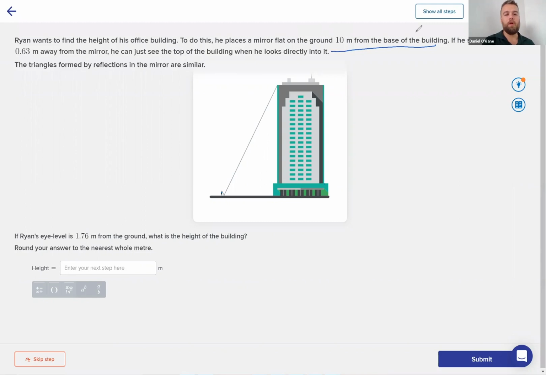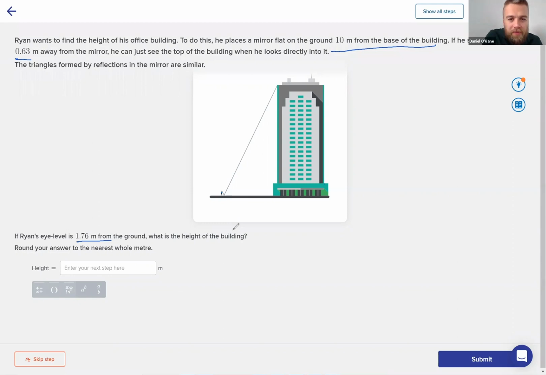We're told if he stands exactly 0.63 meters away from the mirror, he can just see the top of the building when he looks directly into the mirror, okay? And then we're told the triangles formed by the reflections in the mirror are similar. So if Ryan's eye level is 1.76 meters from the ground, what is the height of the building?